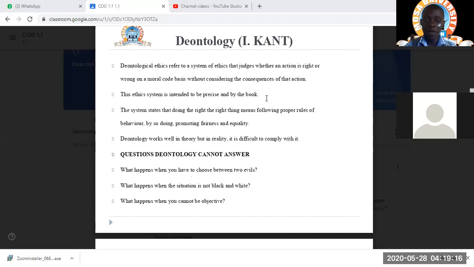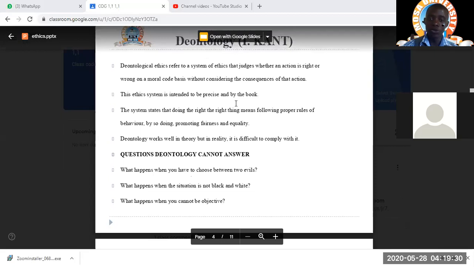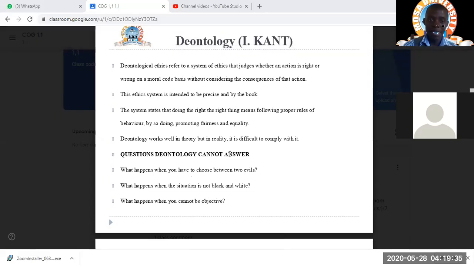Secondly, we're saying what happens when the situation is not black and white. When we say right and wrong, we basically mean a black and white situation where you have to choose between right and wrong only. But what happens when the situation has no right? Both options are wrong and you still have to choose one. What happens in this case? Then thirdly, we're saying what happens when you cannot be objective.